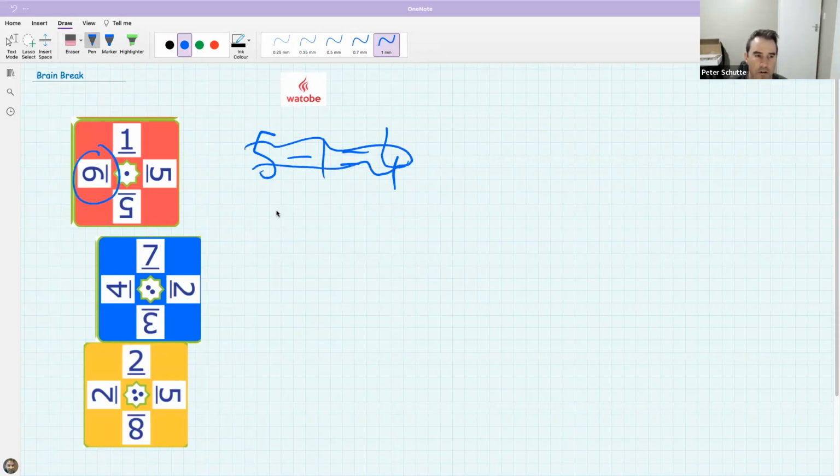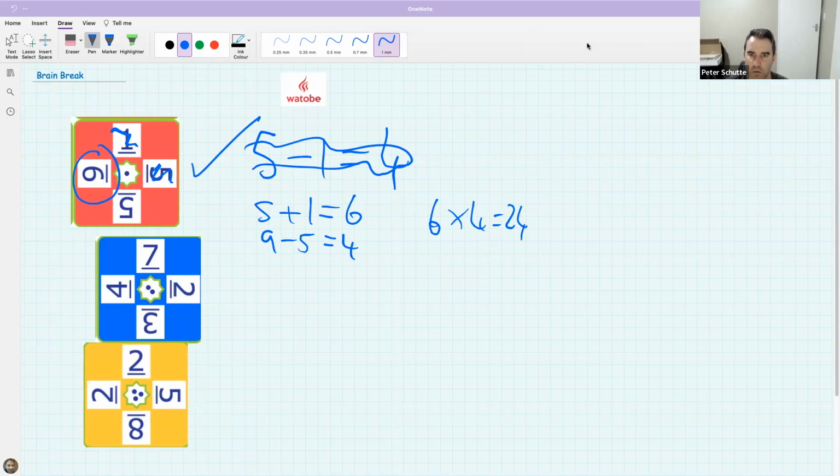So 5 plus 1 is 6. And then that means I've used up a 5 and a 1. And then you can say 9 minus 5 is 4. And so we say 6 times 4 is 24. So that is the red one.